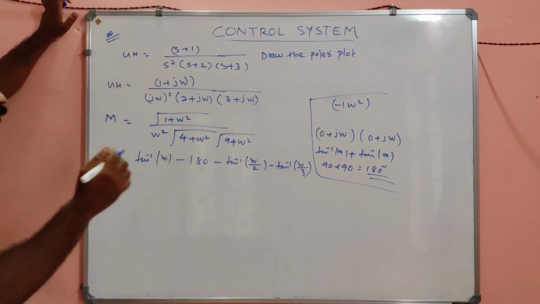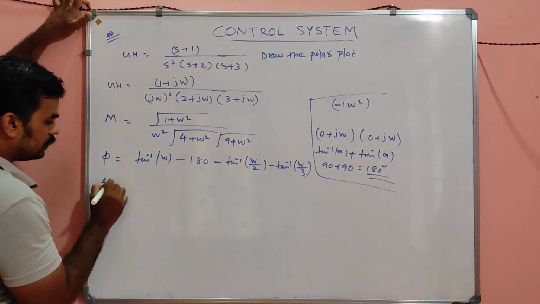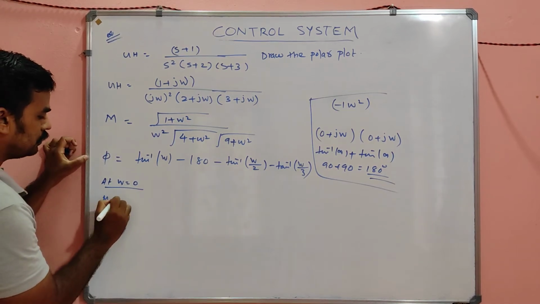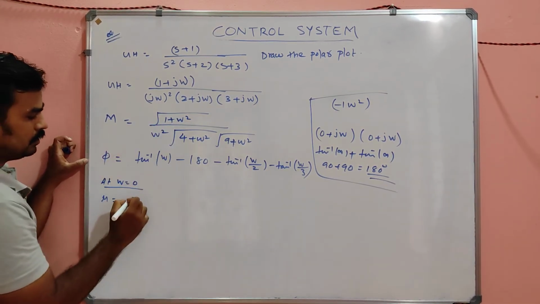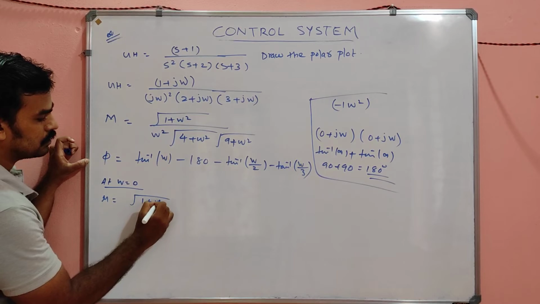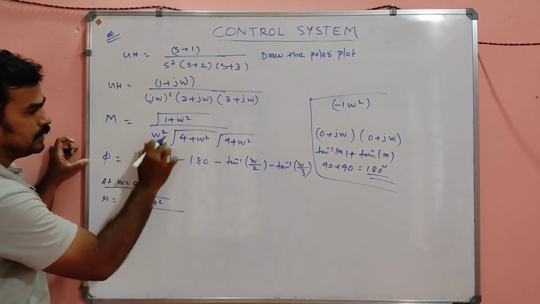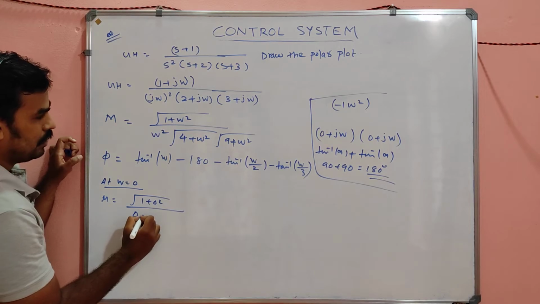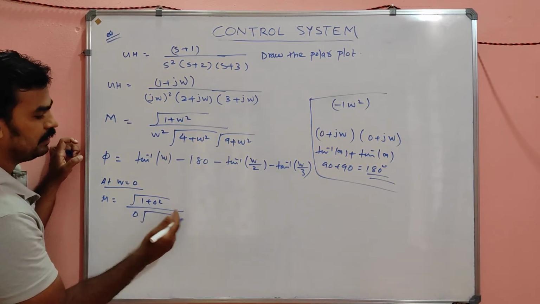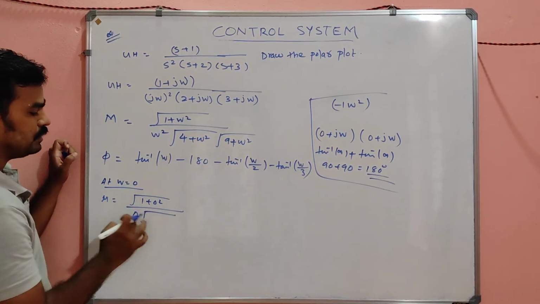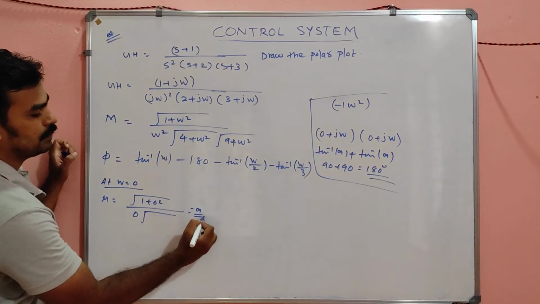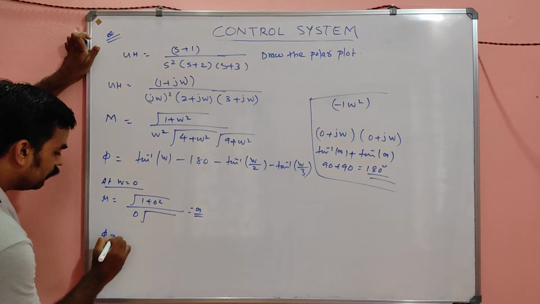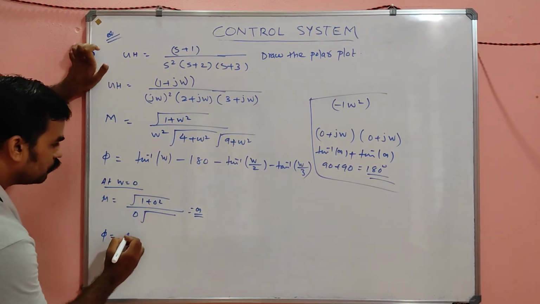Okay, so now at omega equal to 0, what happens? What will be the magnitude? Omega equal to 0, my dear. It will be root of (1 plus 0 square) divided by 0, na? So 1 by 0 means it is simply infinity. And what will be the phase angle phi at omega equal to 0?